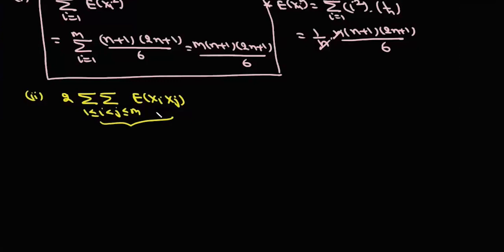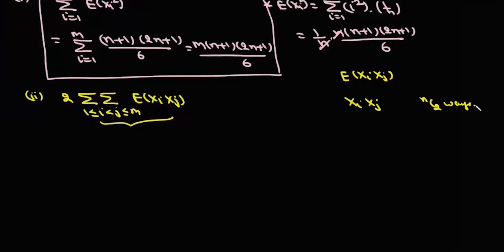And for that, first we look into expectation of Xi into Xj, which is expectation of product of numbers which occurred at ith and jth position. Now, if we look at ith position and jth position, how many products can be formed if i is unequal to j? Now we have total n numbers, and from these n numbers we can choose two numbers in nC2 ways.